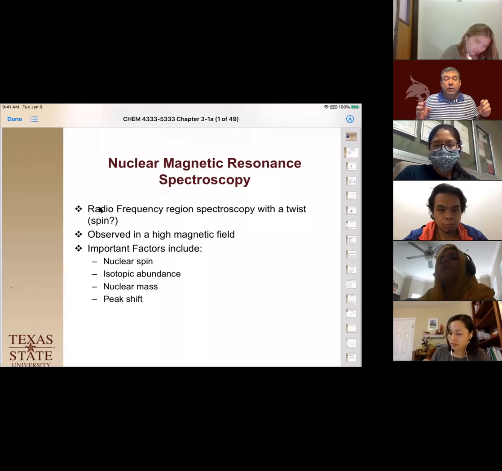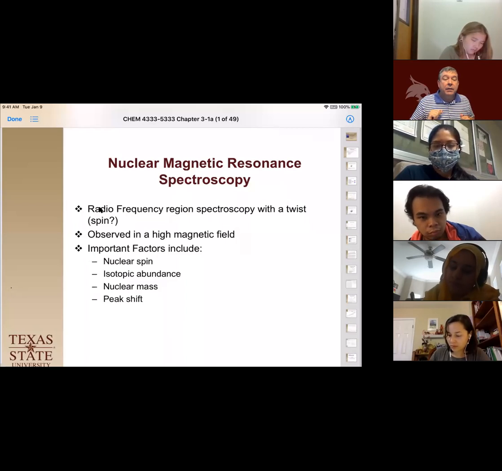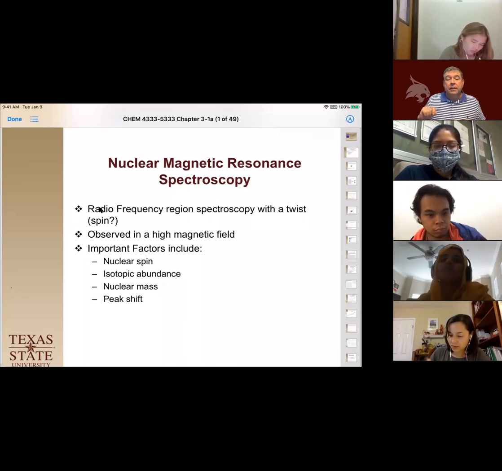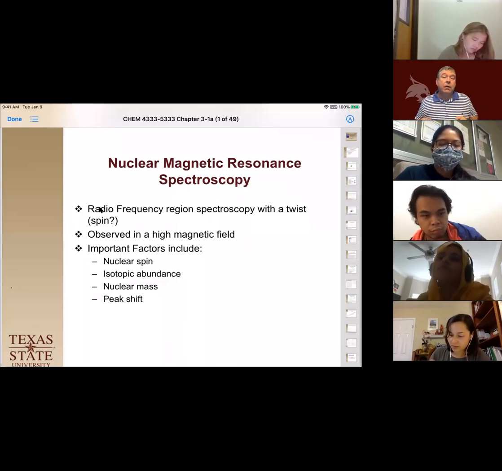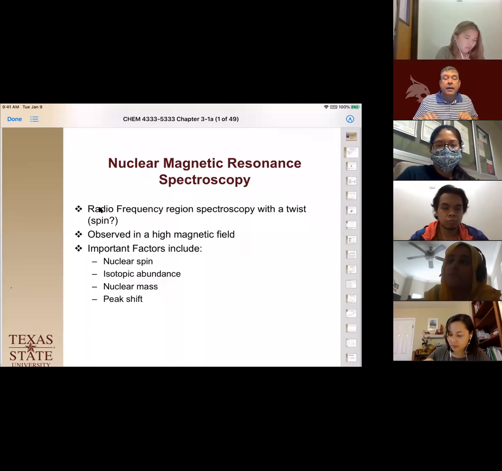Some important factors about how we do NMR experiments have to do with nuclear spin, and I'll talk about what nuclear spin is and why we have it. Isotopic abundance. In addition to isotopic abundance, we also have what's called susceptibility. Some things are easily knocked out of precession, some things aren't, and those are related. Then we have nuclear mass.